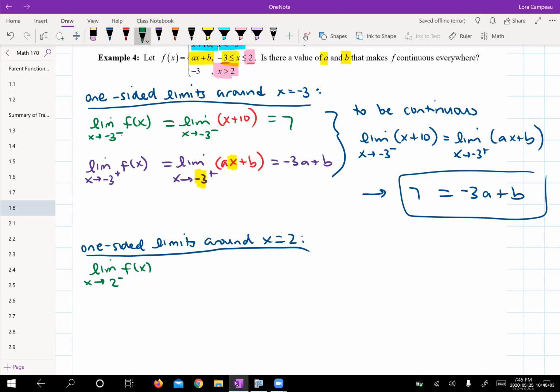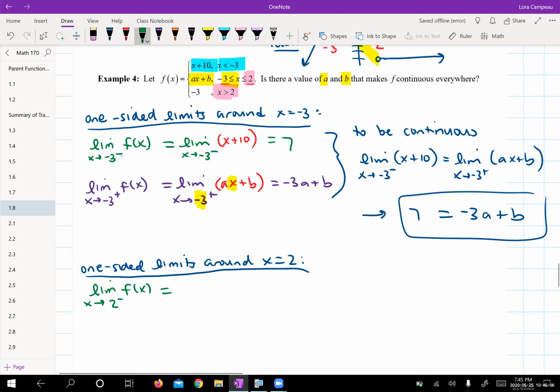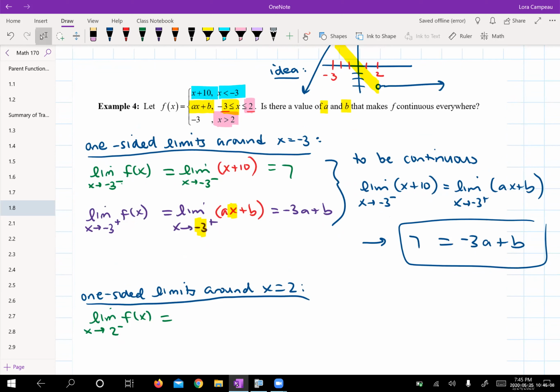You have to decide what piece you're going to take. If you're approaching 2 from the left side, you're going to be taking the ax plus b piece, according to what the domain is talking about. So I'll restate that. The limit as x approaches 2 from the negative side. So instead of writing f of x, we have that particular piece. I'll write it in red so you know where I'm looking at.